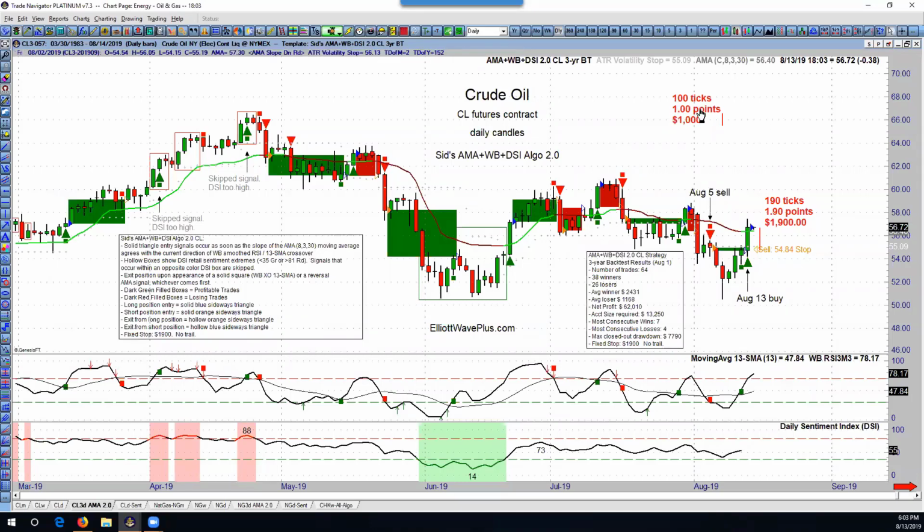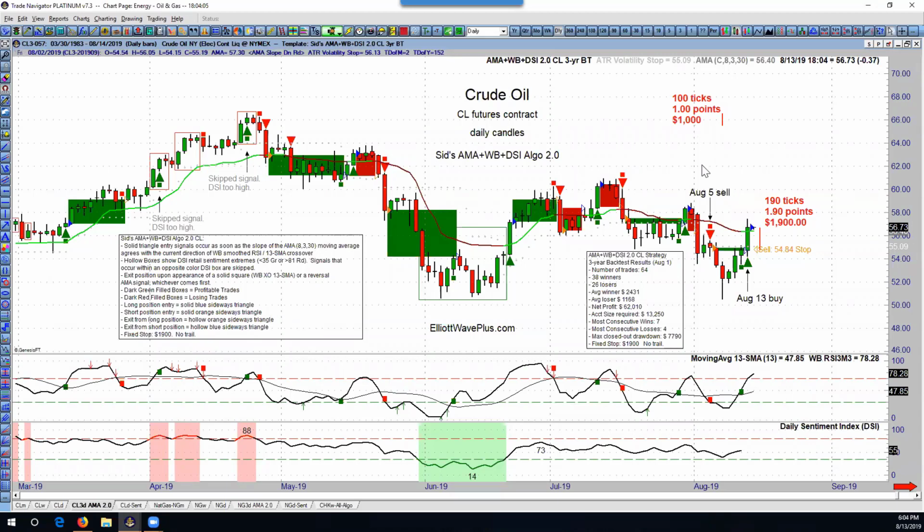The points are divided into 100 ticks. So every penny of movement of the CL contract is considered 1 tick. If 100 ticks is worth $1,000, how much is 1 tick worth? Well, it's worth $10.